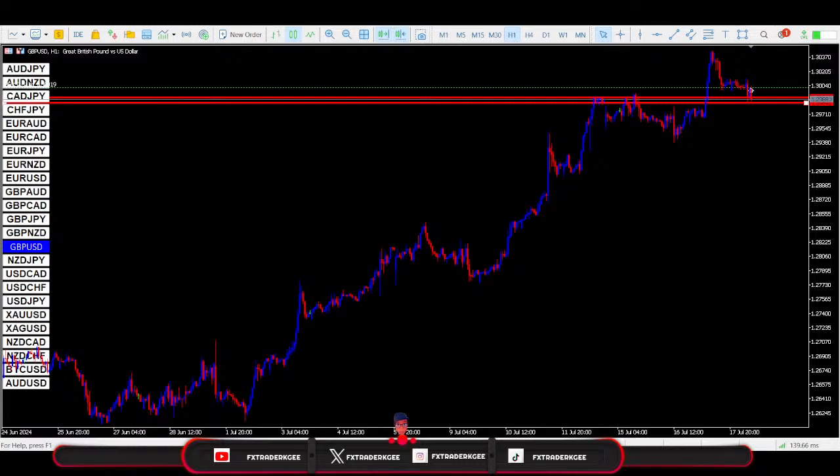So I would definitely take advantage of seeing GBP, Great British Pounds, rise against the US dollar.